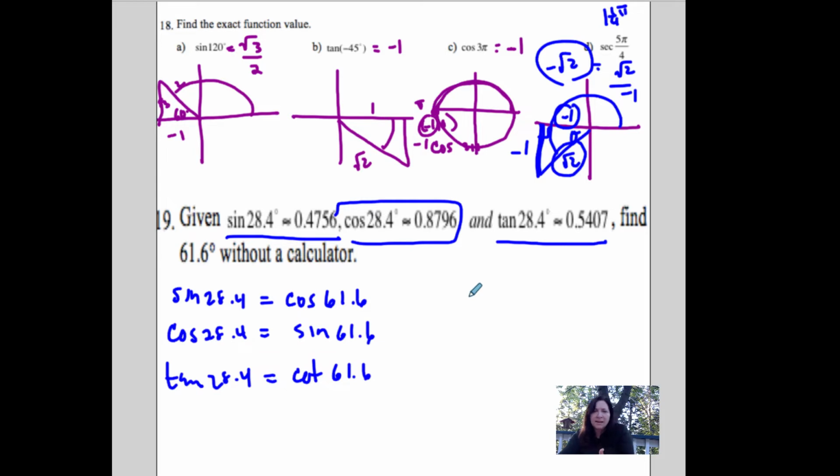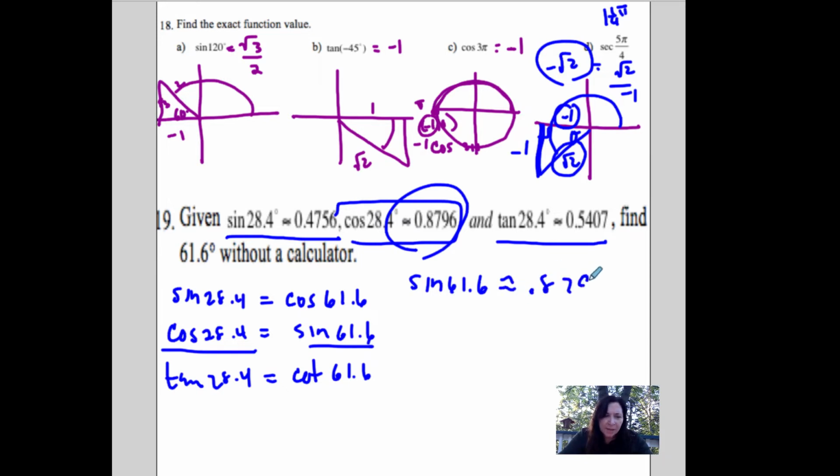So you can get an idea right off the bat. We can work this out. So far we know that sine of 61.6 is equal to cosine of 28.4. So therefore, sine of 61.6 is approximately 0.8796. And then we know that cosine of 61.6 is equal to sine of 28.4, which is approximately 0.4756.